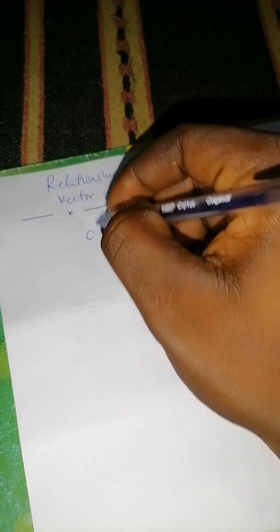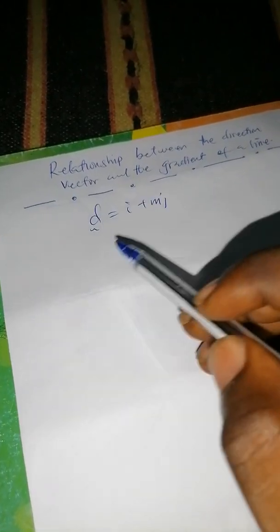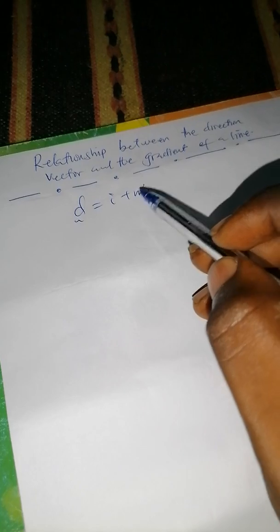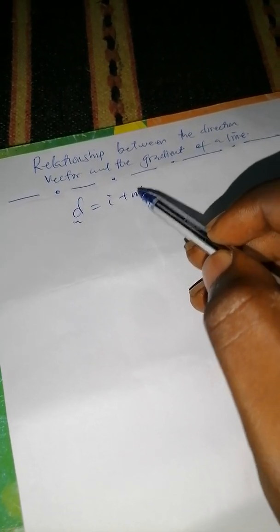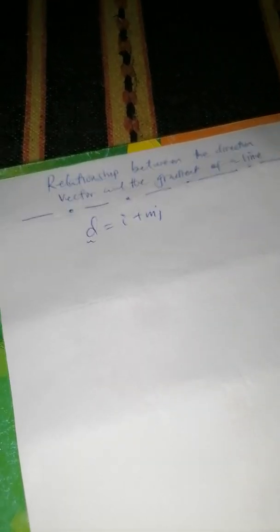Now in here we are trying to prove that there is a relationship between your direction vector and the gradient, and that relationship is given as i plus mj. We are saying that your direction vector is the vector i plus the gradient j. So the gradient is more like the second component of your direction vector. Now the question is how and why.